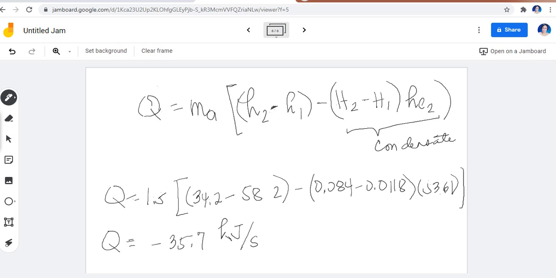Now you can redo this particular sample problem as an exercise without having to consider the condensate. So if you redo it, if there's no condensate, here we go again.